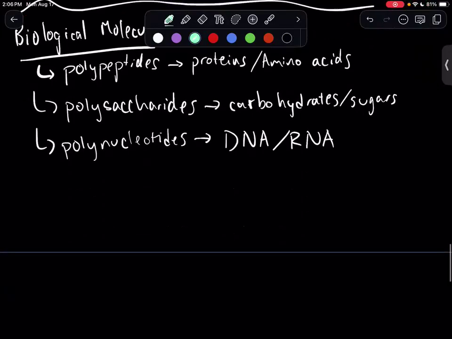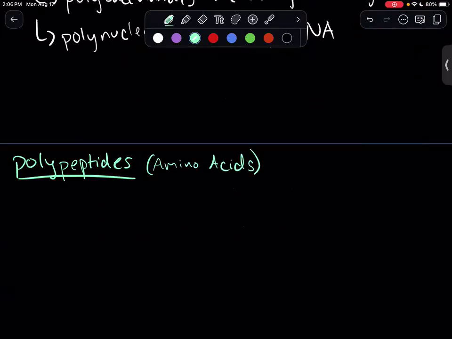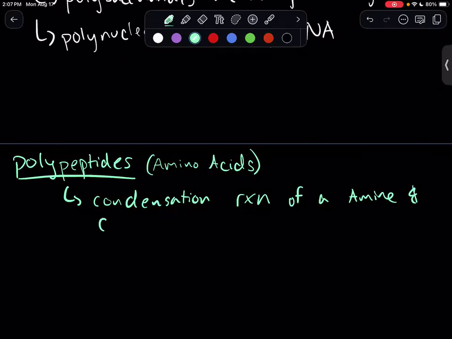So starting with our polypeptides. Like I said, these are amino acids. And scientists are quite uncreative because the name literally comes from the condensation reaction of an amine and a carboxylic acid.